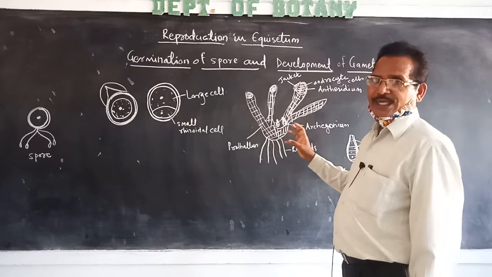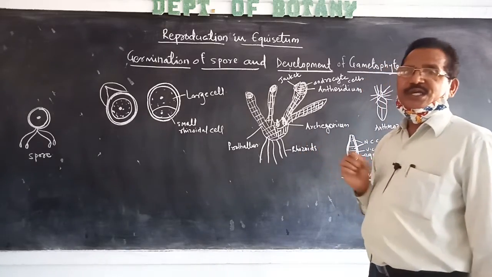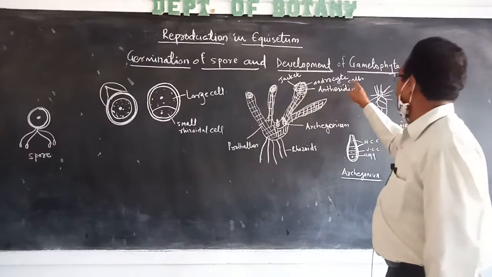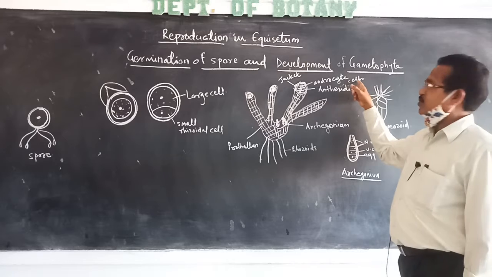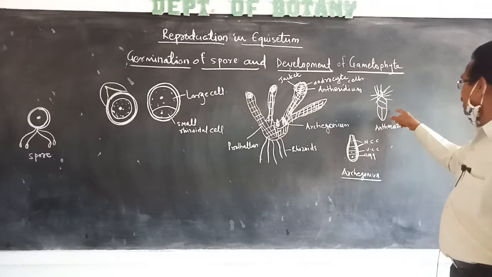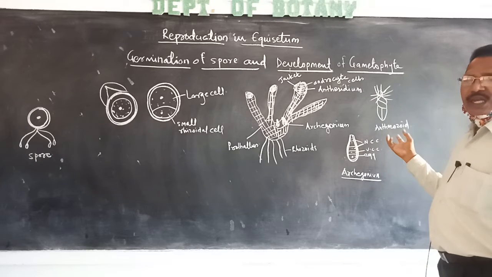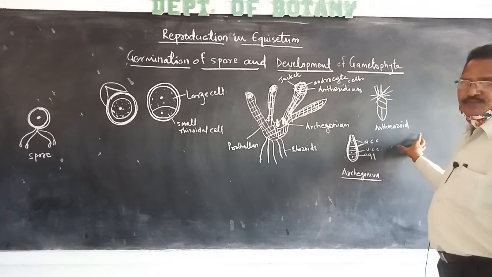It is a globular structure, surrounded by a single layered jacket, and inside there are a number of androcyte cells, and each androcyte cell later develops into a multiflagellate spindle-like male gamete called antherozoid.